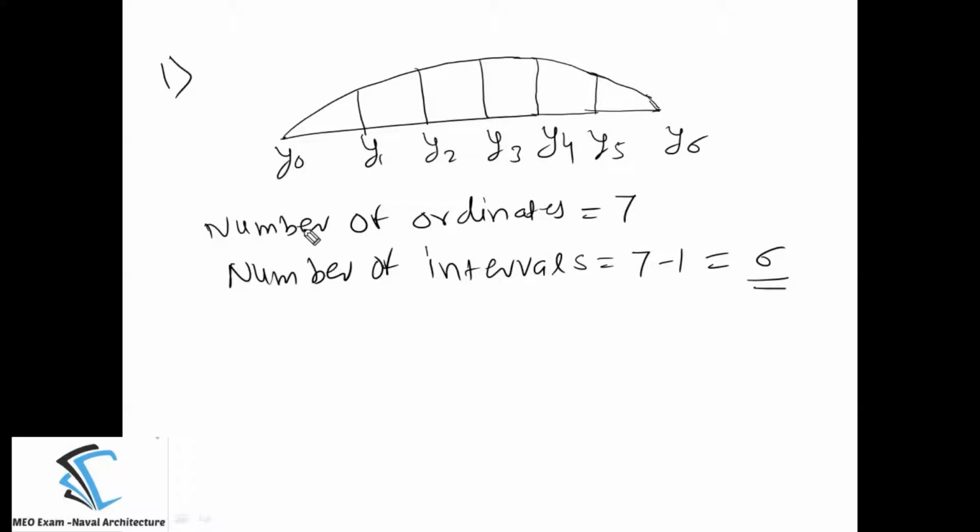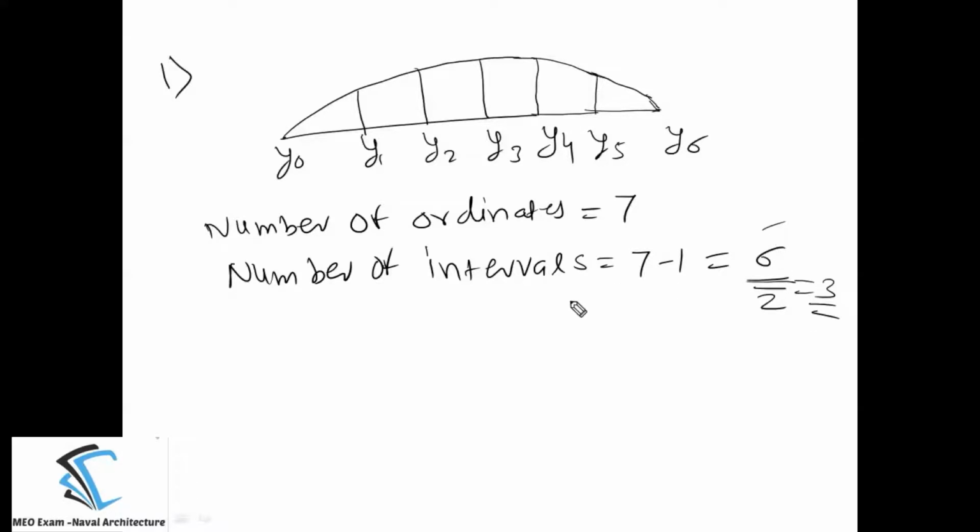Now I want to choose the Simpson's rule, which rule is applicable in this case. For the first rule, the condition was that the number of intervals is divisible by 2. If the number of intervals is completely divisible by 2, you can use the first rule. So how many intervals are there? 6 intervals. It is completely divisible by 2.